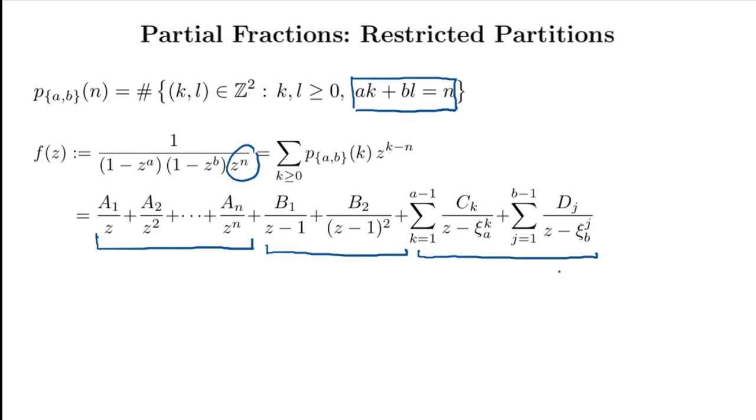And so again, I can compute these coefficients that we call ck and dj. And then if I want to compute the constant term of my function f, again, I can ignore this first part and just compute the constant term over here.